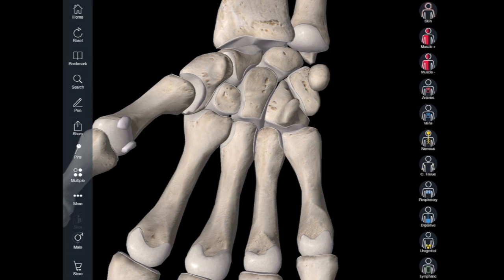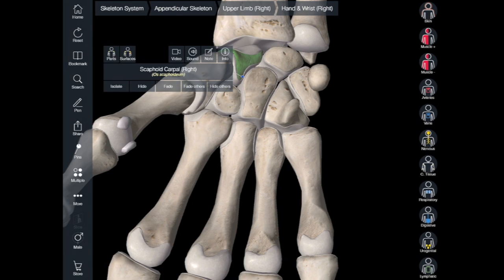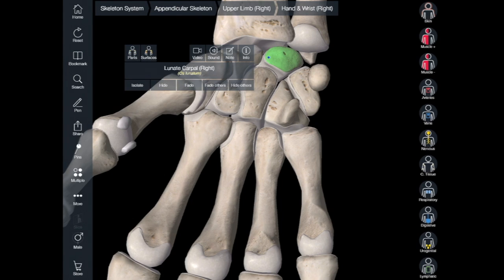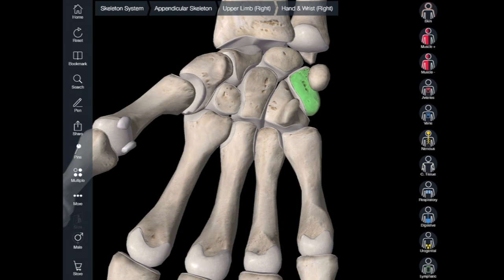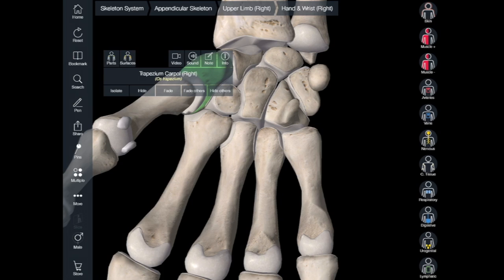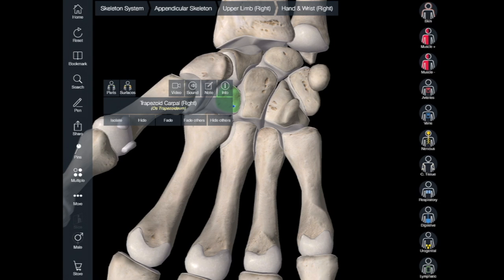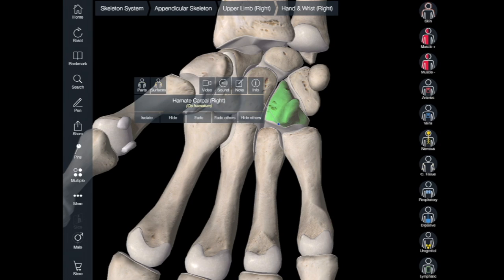The names of the bones of the proximal row from lateral to medial are these: the scaphoid, the lunate, the triquetral, the pisiform, and then the names of the bones of the distal row from lateral to medial are these: the trapezium, the trapezoid, the capitate, and the hamate.